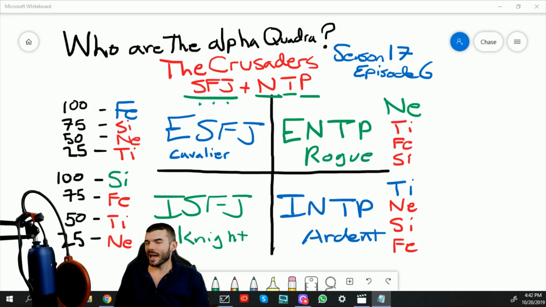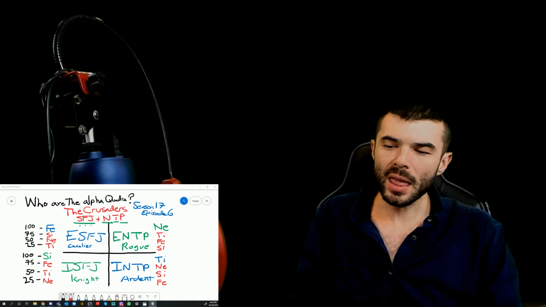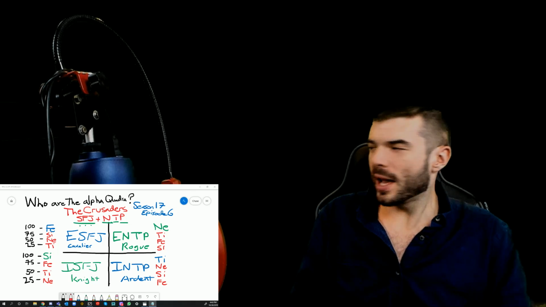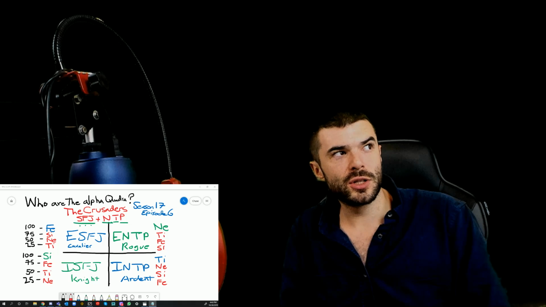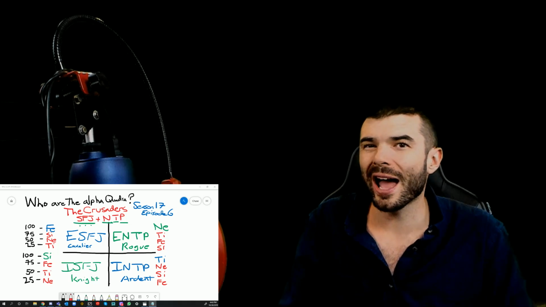It's really hard to get the SFJ NTP Quadra, the Alpha Quadra, to accept being happy, because they're so used to reality sucking so much for them that they have a hard time accepting a form of happiness, right? It's because they're always waiting for the next shoe to drop, or when's the next catastrophe that I'm going to have to endure.